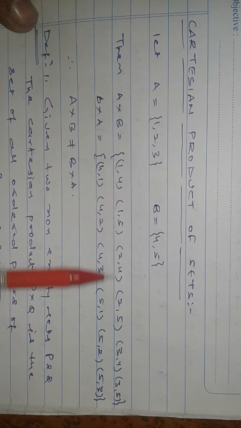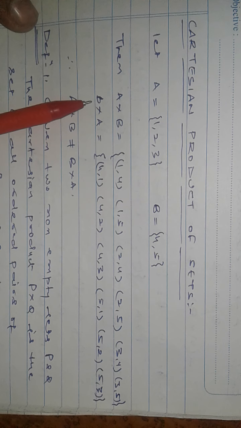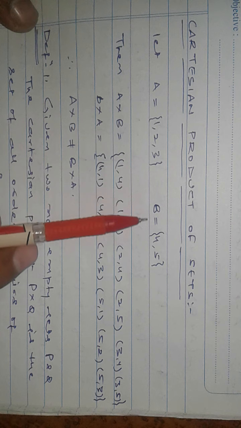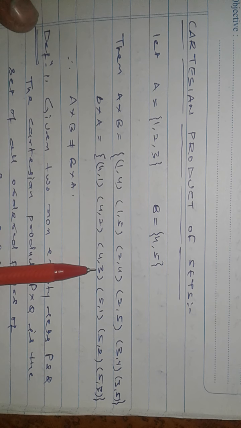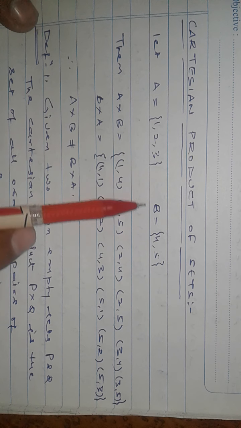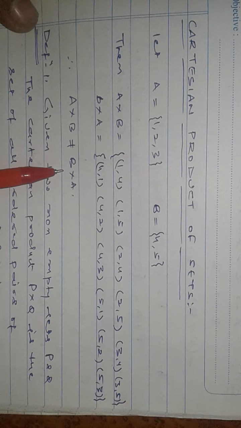So in these ordered pairs, this A cross B will be the Cartesian product of the sets. Similarly, B cross A: (4, 1), (4, 2), (4, 3), (5, 1), (5, 2) and (5, 3). So A cross B is not equal to B cross A.